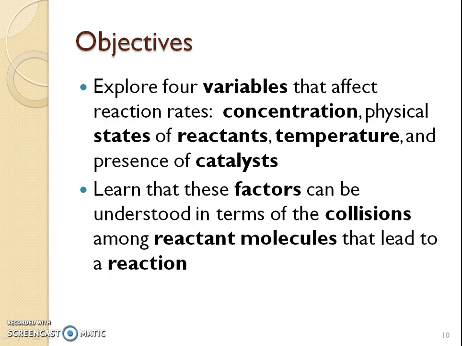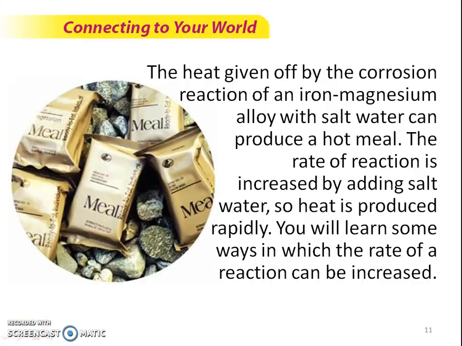And you're also going to learn that these factors can be understood, again, in terms of collisions among those reactant molecules. So the heat given off by the corrosion reaction of iron-magnesium alloy with salt water can produce a hot meal, especially for those that hunt, especially for those that go up and explore the moon like the astronauts.